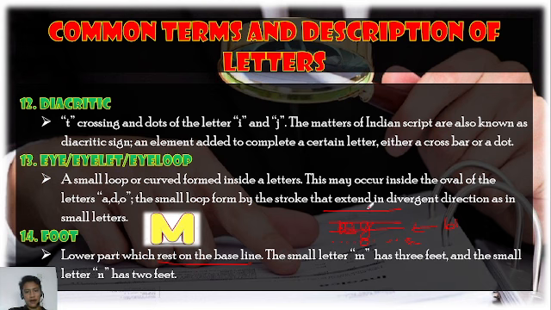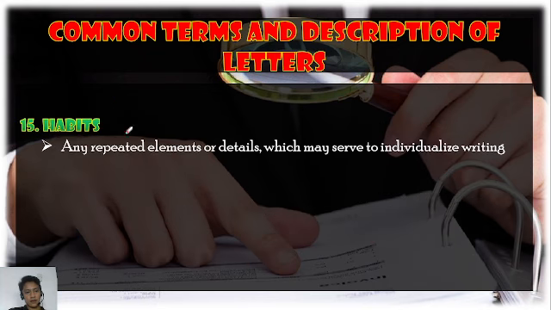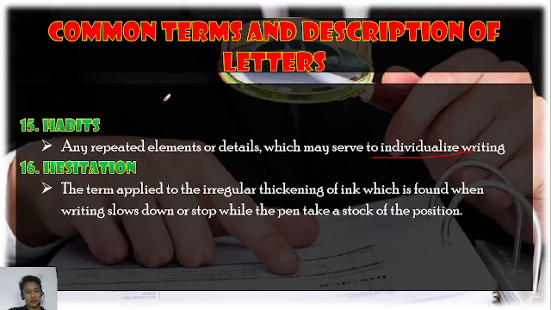And next is what we have here, habits. When we say habits, these are any repeated elements or details which may serve as individualized writing. If his letter I is always written a certain way, maybe that is his habit. Or his letter I always has a dot with an open space, then maybe that is his habit.